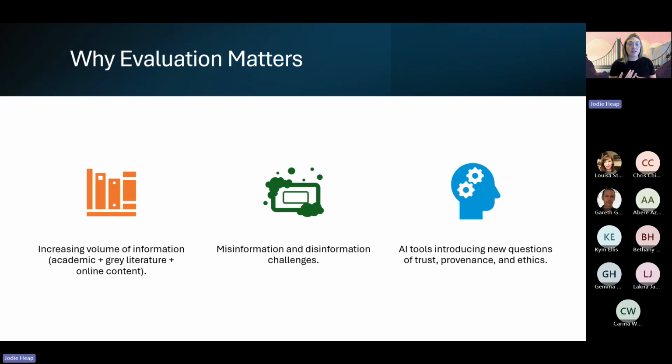So there's more academic literature than ever before, there's more grey literature than ever before, and all of it is available, or most of it is available online.